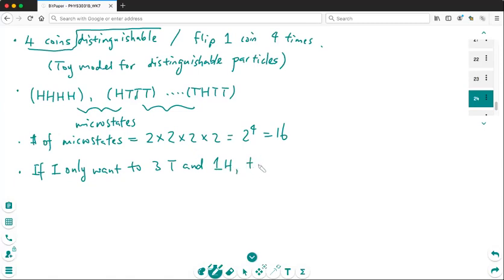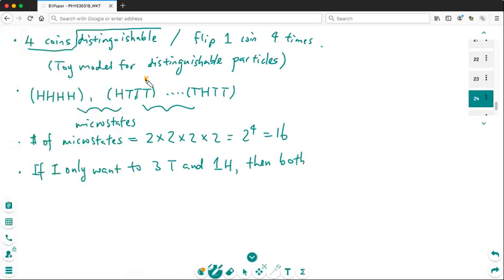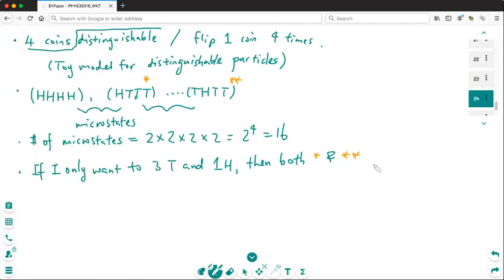Then both of these can help me to achieve the goal. They contribute to this goal.